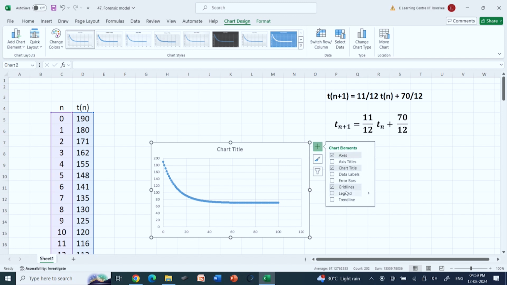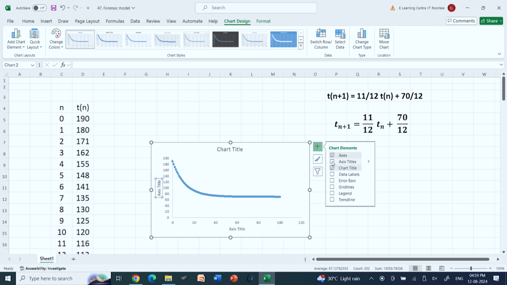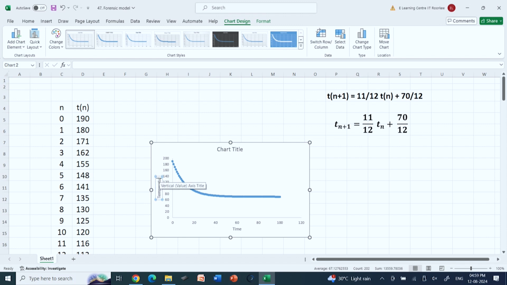So I remove the grid lines, I put axis titles: x-axis is the time and y-axis is the temperature of a cup of coffee.